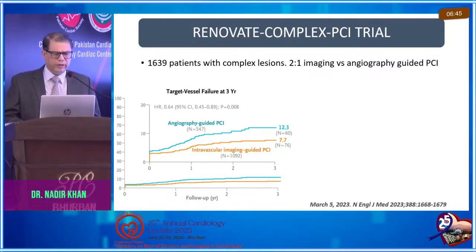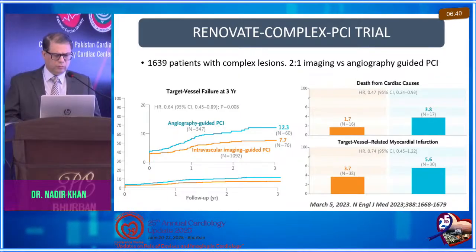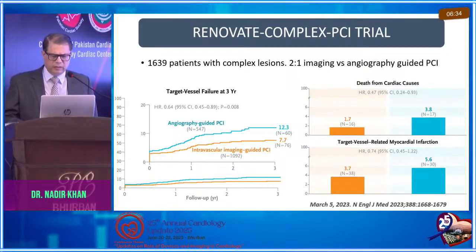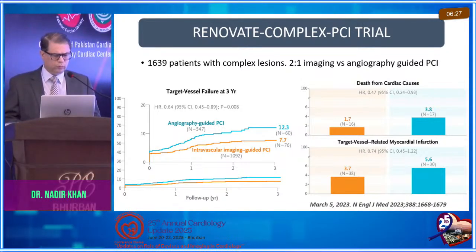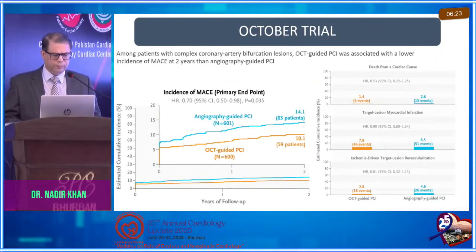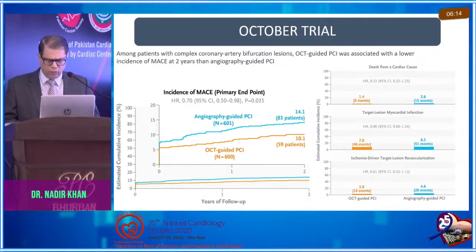In the RENOVATE-COMPLEX-PCI trial, angiography-guided versus intravascular imaging-guided PCI was compared; death and target vessel related myocardial infarction were both less in the group where intravascular imaging was used to guide the PCI. In the OCTOBER trial, again the OCT-guided PCI had a much lower MACE compared to angiography-guided.